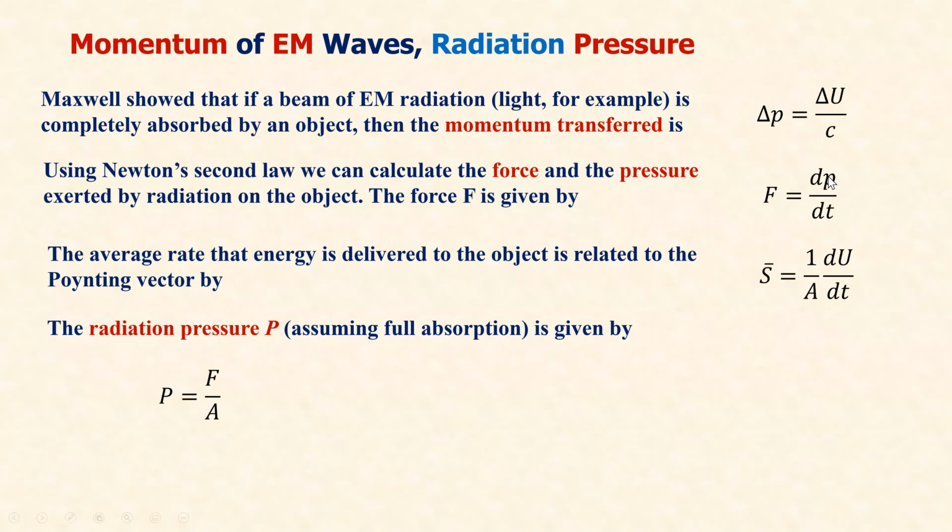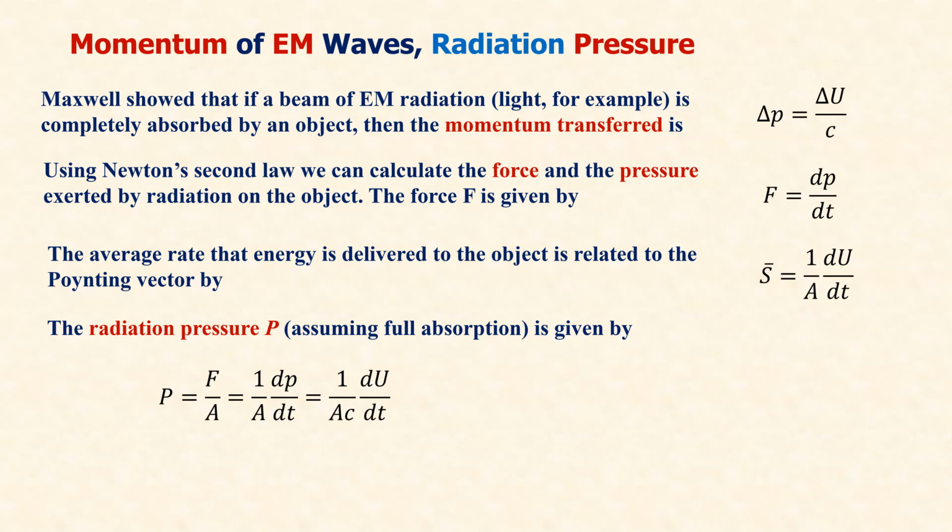That is the normal definition of pressure, which is force divided by area. So if you have this divided by area, it becomes 1 over area. Instead of F, we say dP/dt. And instead of P, we say U over C, right?